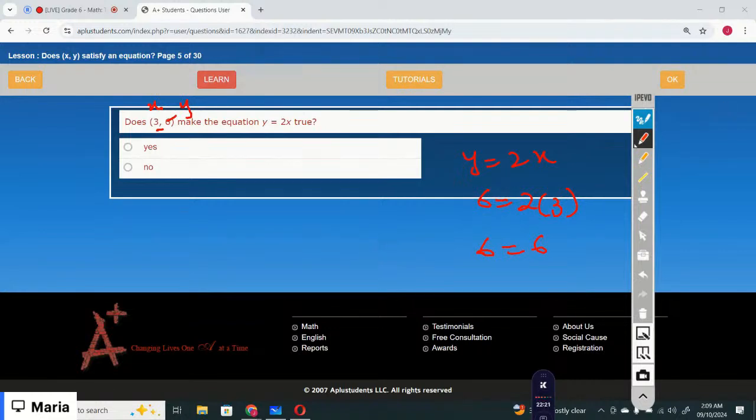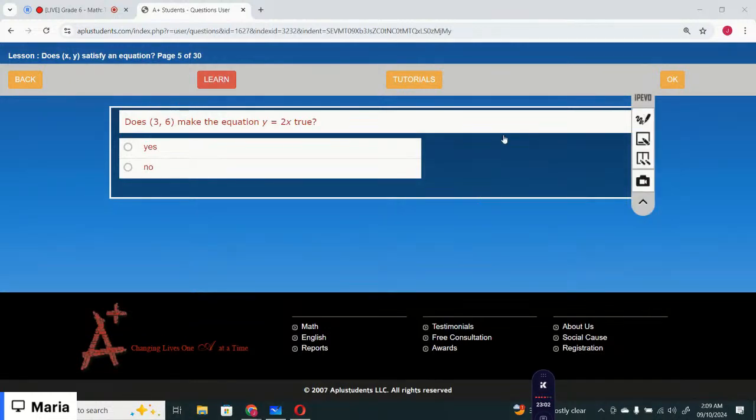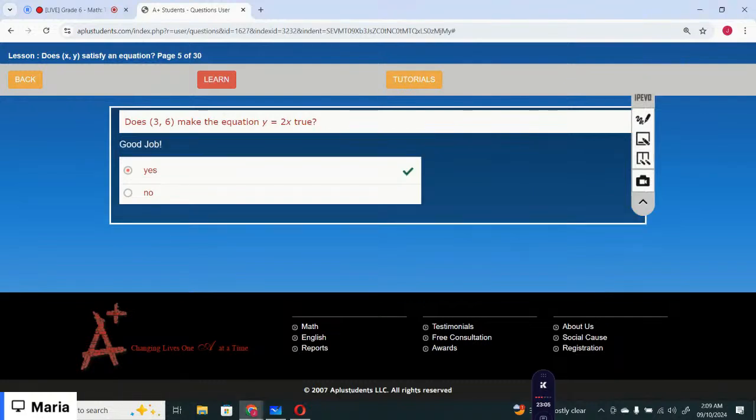So the correct option is yes. 3, 6 is the solution of the equation.